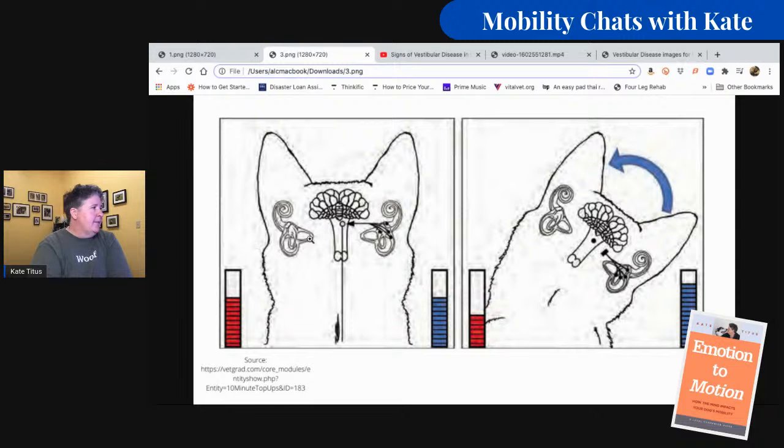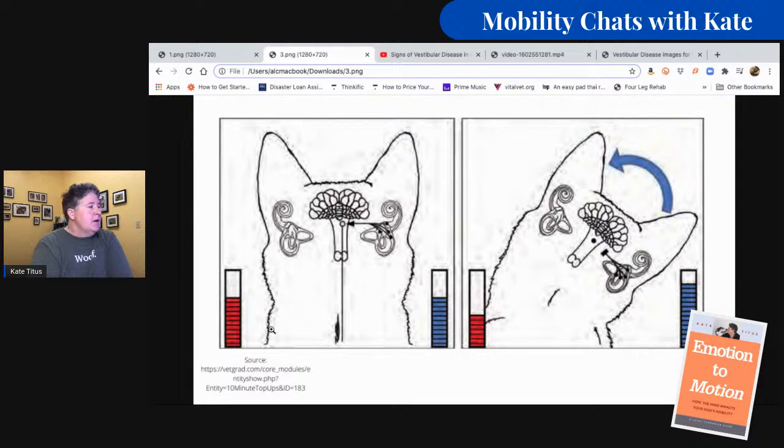This image over here, the one on the left, shows a dog who is standing straight up. There's no leaning left or right. These guys right here are going to show you how many impulses are sent to the brain for correction, to keep the head upright, or to let the brain know where the head is and that it needs to come back to center.